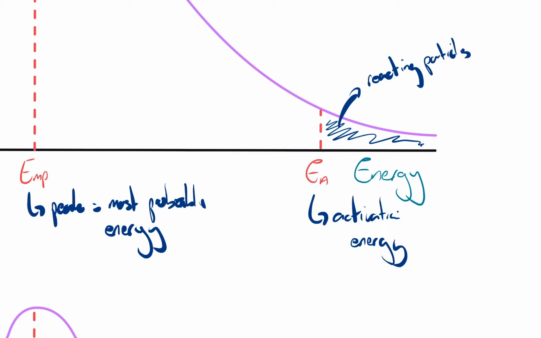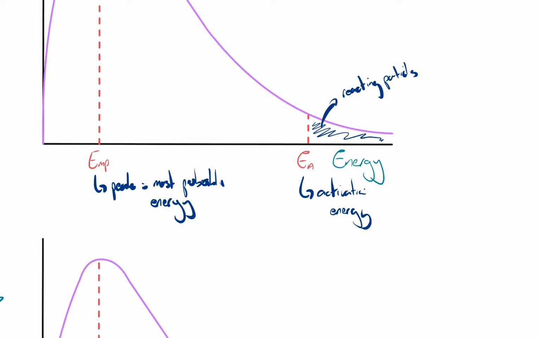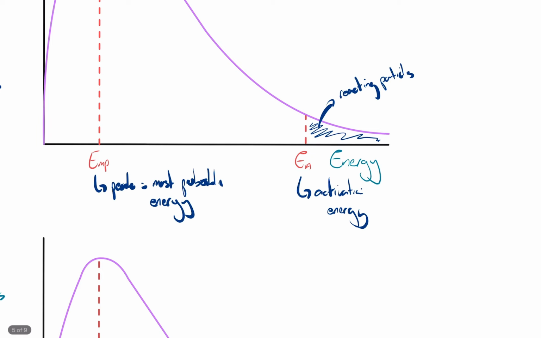What we also need to know is this will never touch the bottom, right? So here the idea is that there's no upper limit to the amount of energy that a particle can have at any given time. We're really talking about average energies most of the time. So it never reaches the bottom.